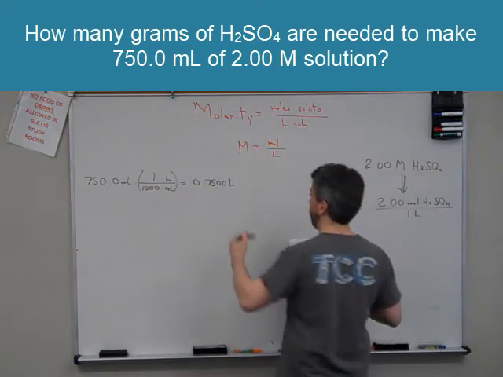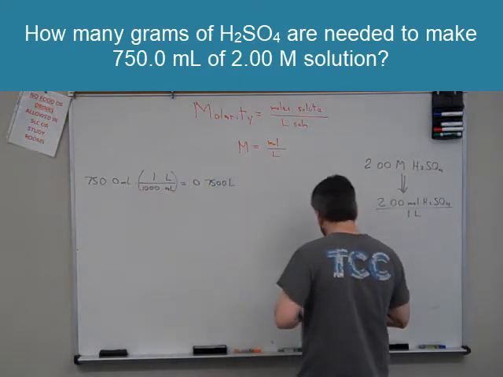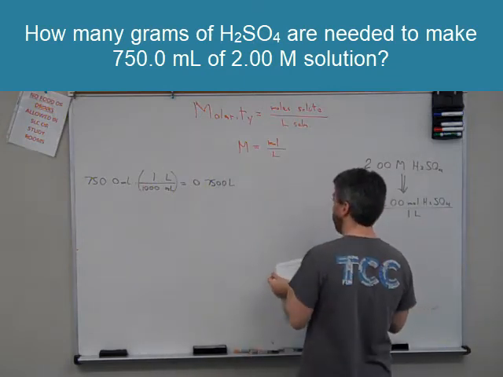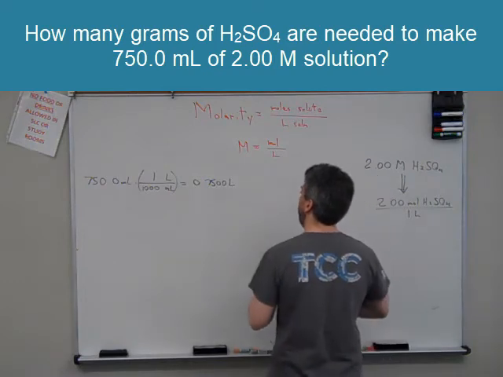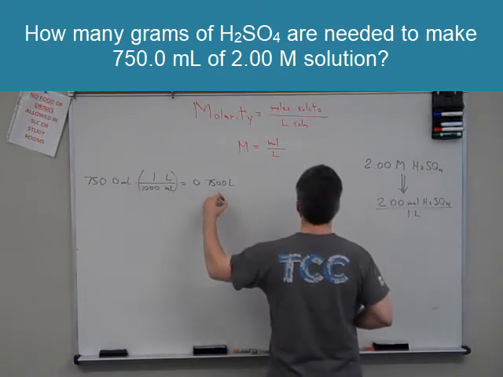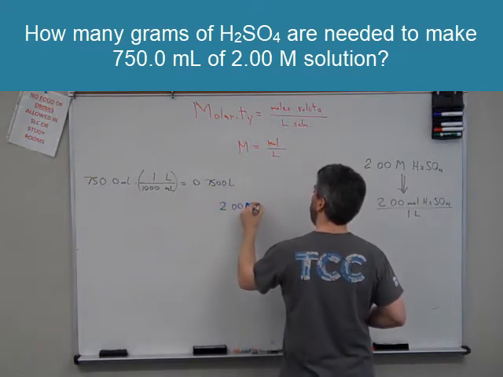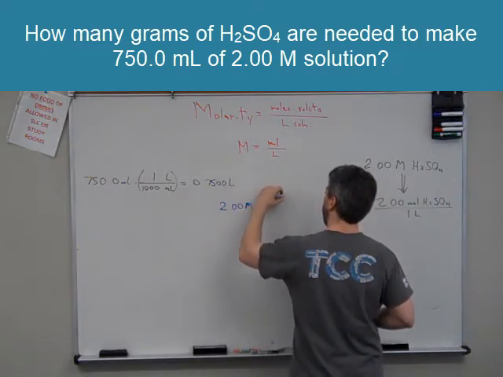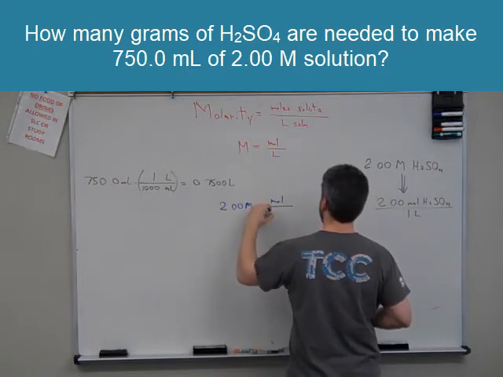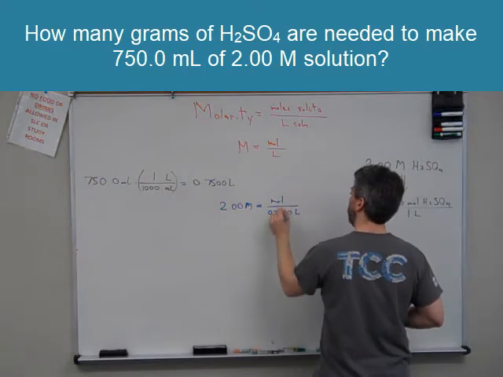Now I can go ahead and use the molarity equals moles per liter equation. That would give me 2.00 molarity is equal to an unknown number of moles per 0.7500 liters.